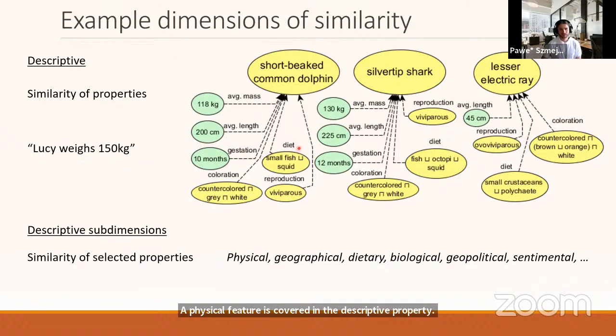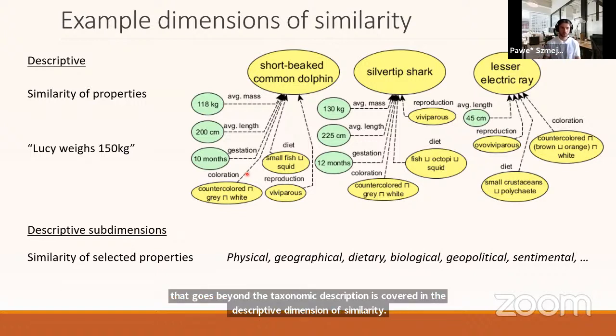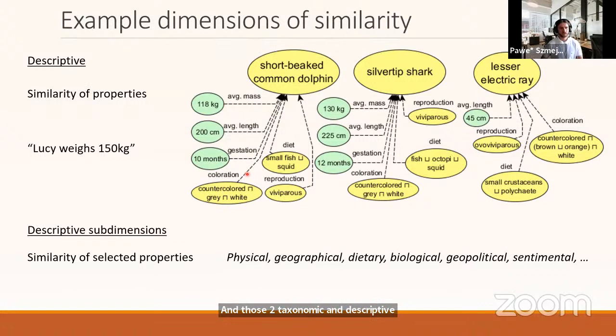So is, in this example, diet, reproduction system, gestation period, coloration, and so on. And any kind of description or property that we add that goes beyond the taxonomic description is covered in the descriptive dimension of similarity. And those two, taxonomic and descriptive, are the most important ones.